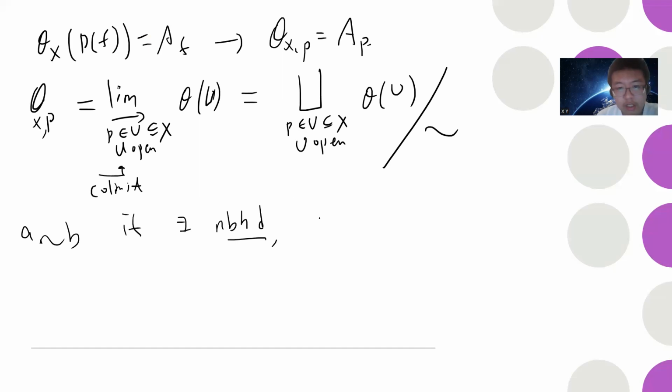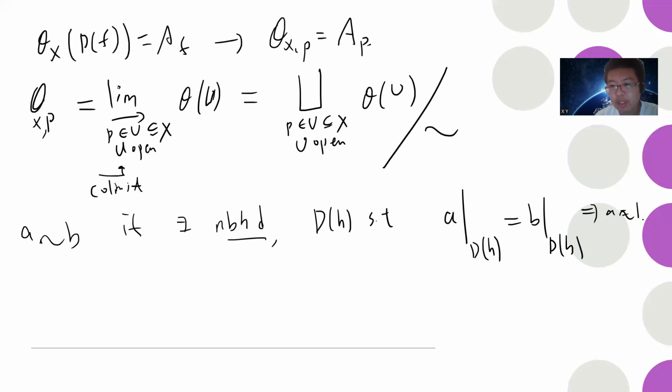Okay, so if I have this D(h), an open neighborhood D(h) covering p, let's say, such that a is an element of a sheaf, I can say a restricted to D(h), and if a restricted to D(h) is the same as b restricted to D(h), then I would say that a equals b, or a is equivalent to b.